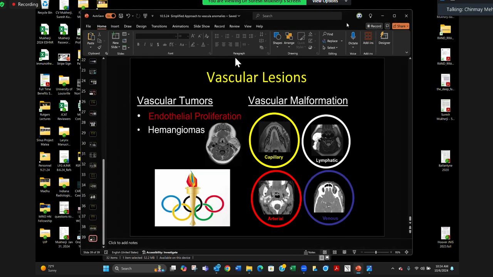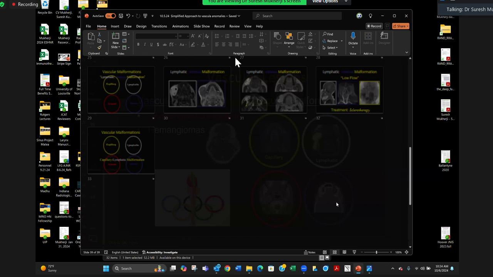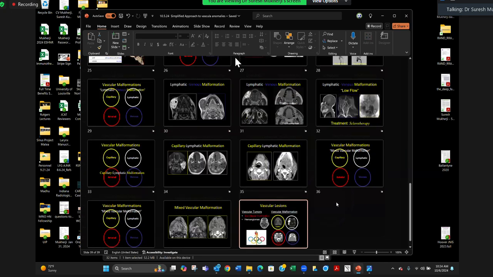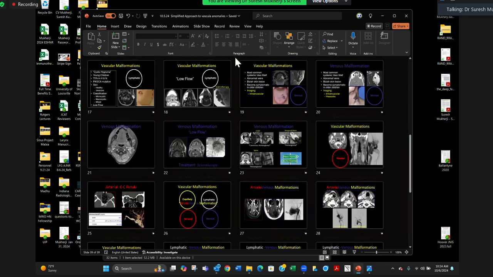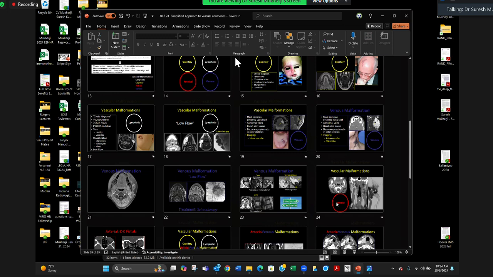So the next question is, how do we differentiate a hemangioma in involuting phase from a low flow or a venous malformation? Yeah, that's a wonderful case. I think that's a wonderful question. I think it could be a little bit hard in the sense that the hemangiomas will, first of all, let me put it this way.